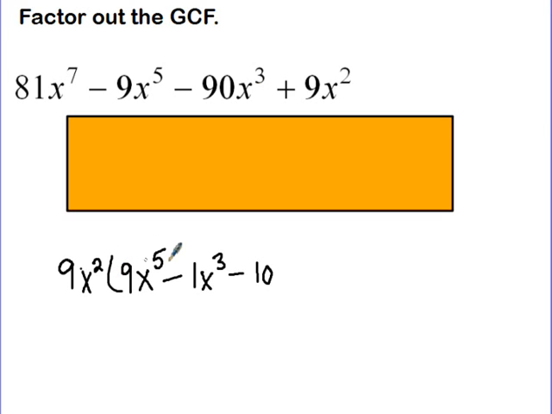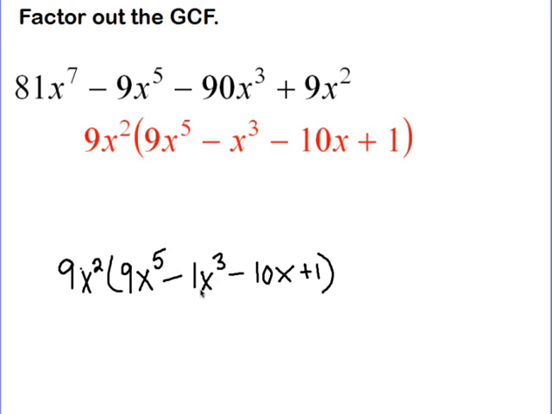Started with 3 x's, took out 2, that means I'd be left with 1. And 9 divided by 9 would be 1. Started with 2 x's, took out 2, so I'm not left with any x's there. Alright, let's check that answer. Of course, I do not need that invisible 1 there. It is not wrong if you put it in. Alright, next.